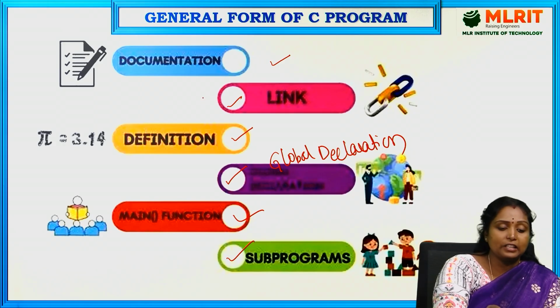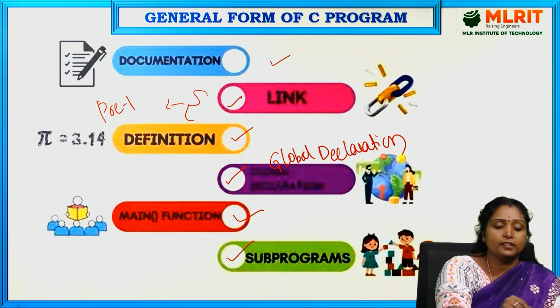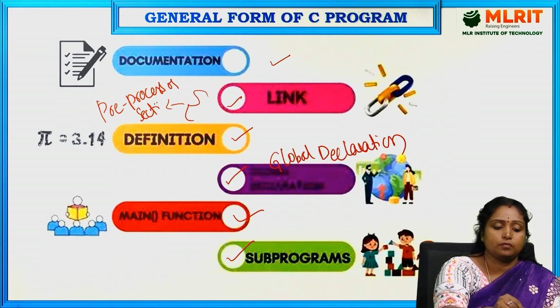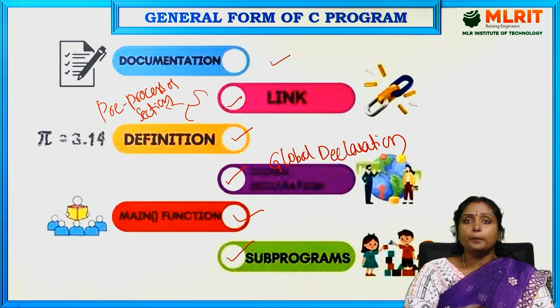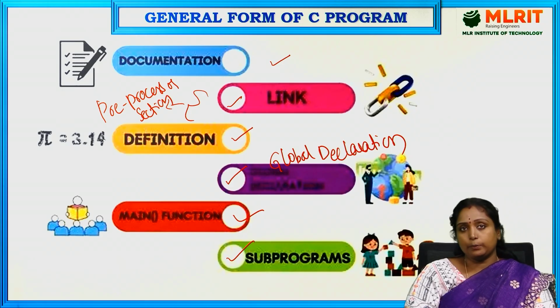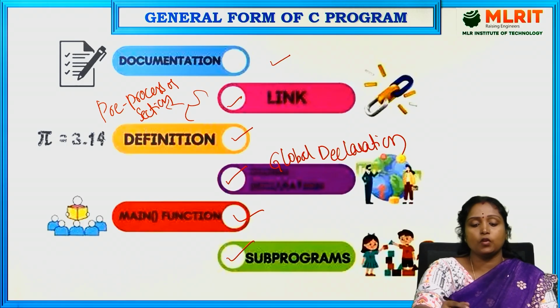Here, the linking section and the definition section together are also called the preprocessor section. When I divided it, this was the linking section and this was the definition section.